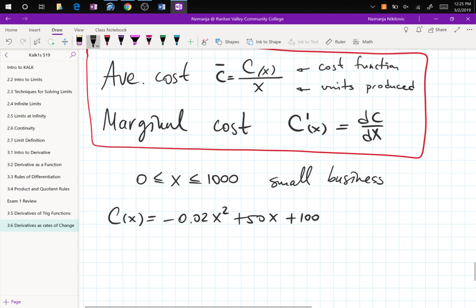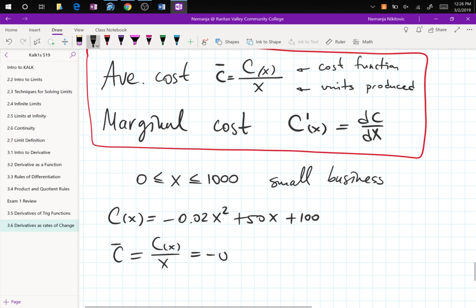So when you create the cost function, now you can analyze all of your costs, and we're going to analyze, they say, for 100 and 900, out of 1,000. So first I have to create my average cost function, which would be the cost function divided by x. You just divide by x everywhere.